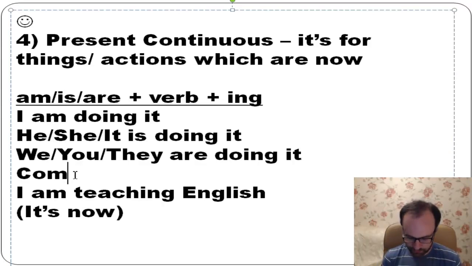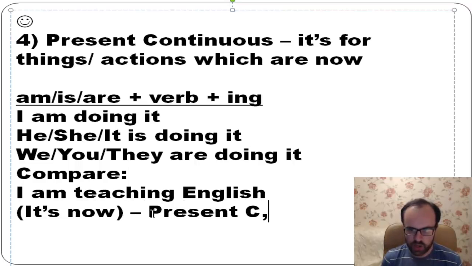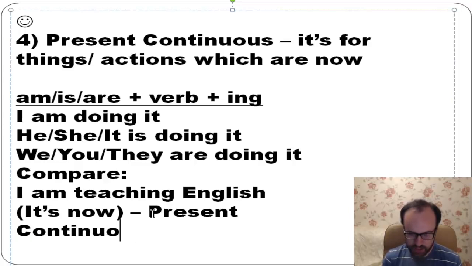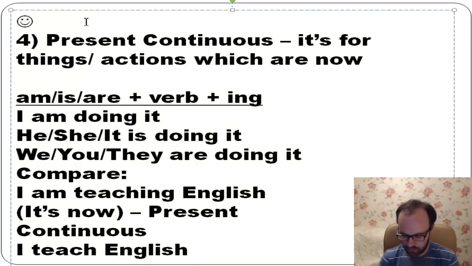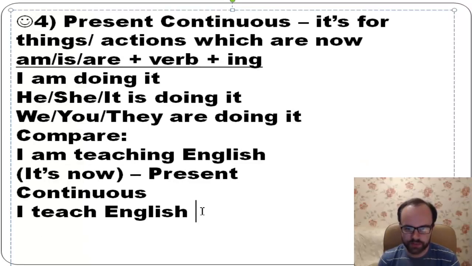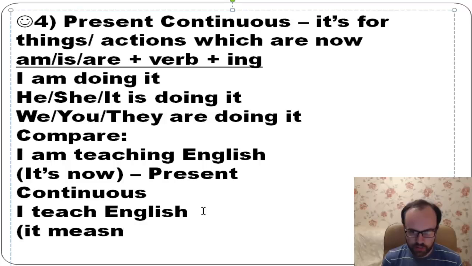I'm teaching English. It means it's now. Compare. I'm teaching English. It's now. So it's present continuous. And I teach English. It means in general.